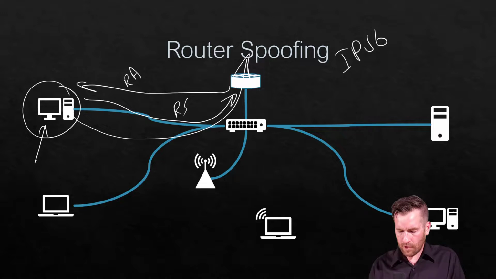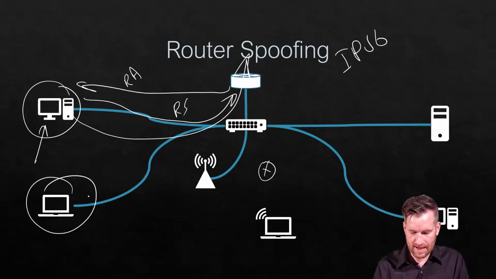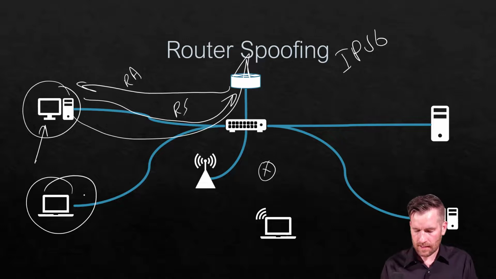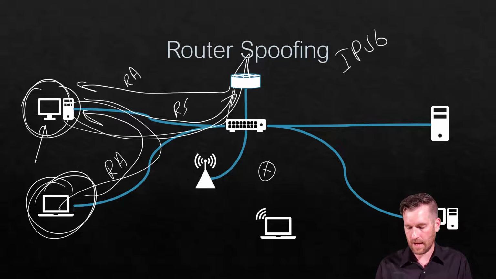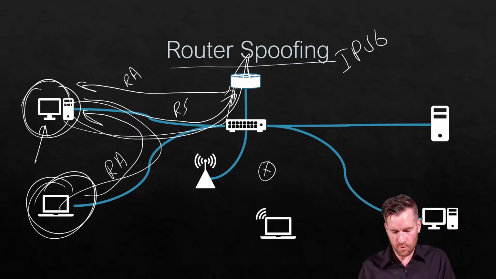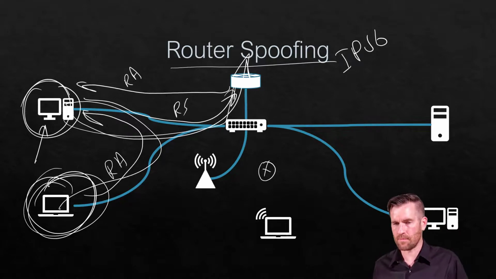But maybe this device right here is pretending to be a router, then it could send out its router advertisement to this machine right here. And then this machine might start sending traffic to this device rather than the actual router. So that's router spoofing, when a device pretends to be a router by responding to router advertisements.